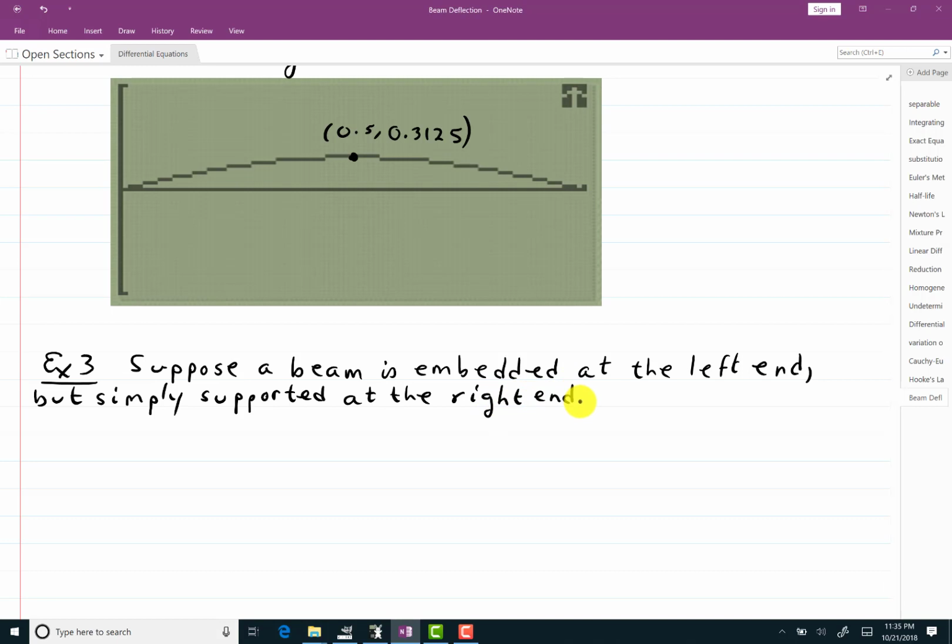So the situation we have here looks like the following. We're embedded over here. Let me give myself some space.